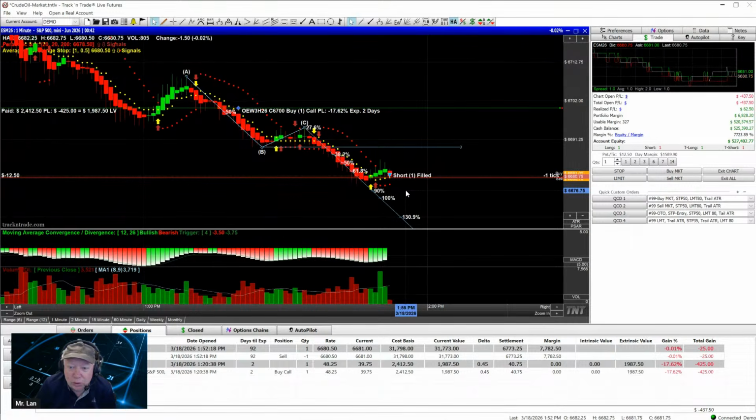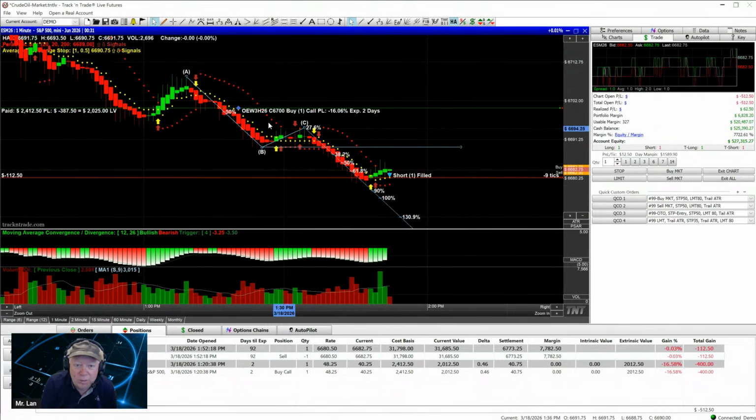Oh, we just filled our short position. So now we're short and long. Oh, now look, it's going to turn around and go back up. So now we're going to lose money at the same rate we're making money on this one. Actually, not even. We're going to lose money faster than we're making money on this one if the market keeps going up.